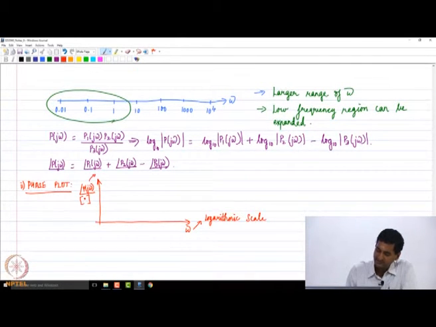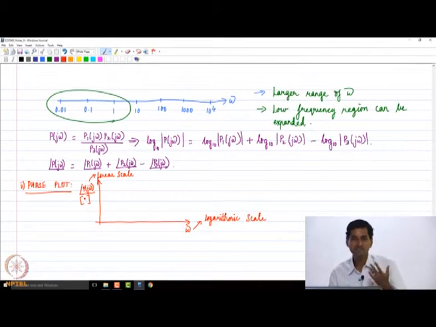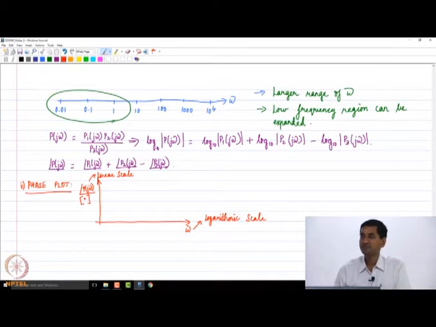Here there is no need for a logarithmic scale. We calculate the phase, and since the phase of a complex valued function satisfies this additive property, we don't need to take a logarithm as such. We just use a linear scale for that. That is what the phase plot visualizes.